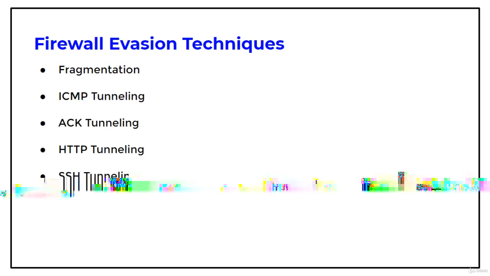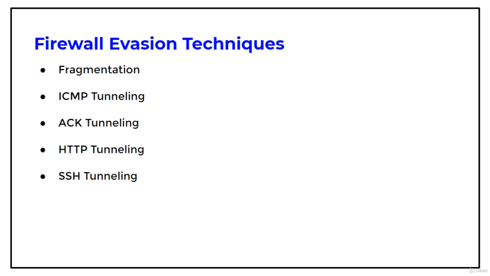Other firewall evasion techniques include ICMP tunneling, which allows tunneling a backdoor shell in the data portion of ICMP echo packets. Then ACK tunneling, which allows tunneling a backdoor with TCP packets with the ACK bit set.